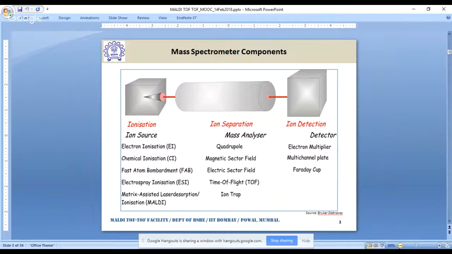There could be just one analyzer or two or more analyzers put in tandem. So there could be a quadrupole followed by a time of flight and an ion trap to increase the sensitivity of the instrument, or like in today's case, there could be two time of flight or there could be two quadrupoles as the case may be. The detector is usually an electron multiplier and is also one of the core parts of this instrument.